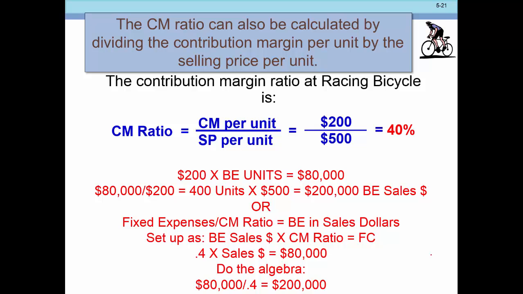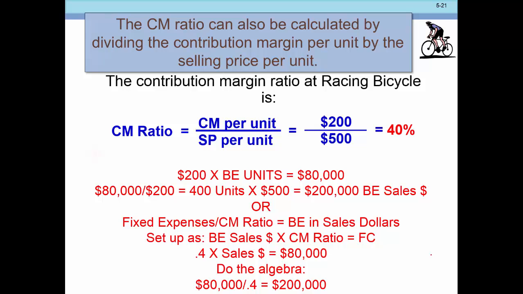I do the algebra, divide each side by 0.4, and I have to generate $200,000 in sales. It gives me the answer in dollars. I don't have to take the sales price per unit and multiply it by the break-even in units to turn it into dollars. It just automatically gives it to me in dollars, right?